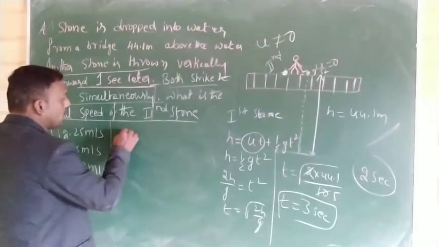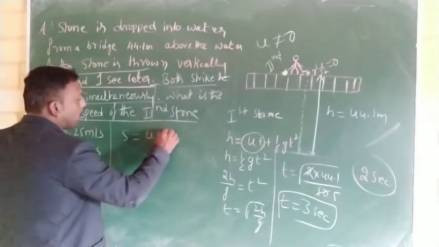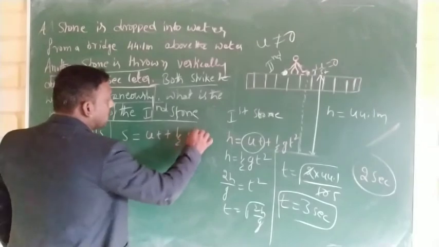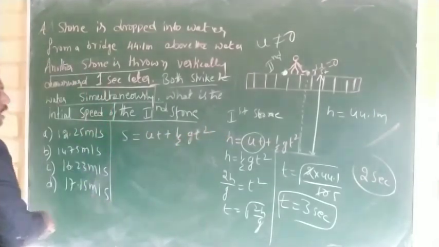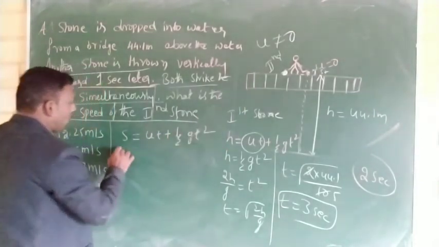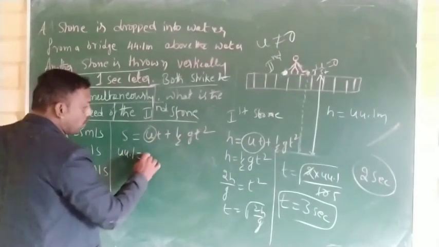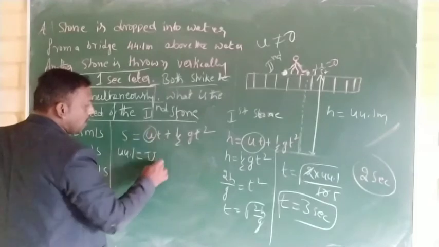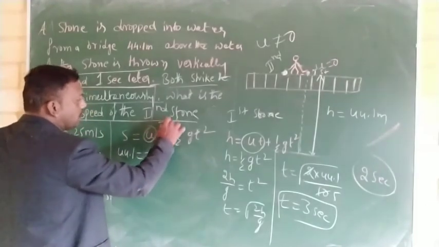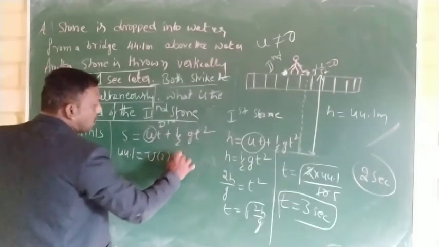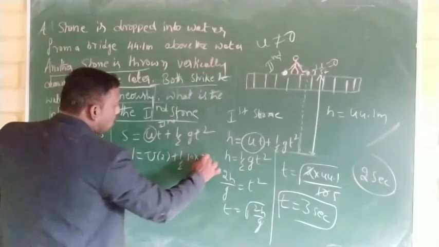We know that S is equal to ut plus half gt square. H is 44.1 is equal to u, which we don't know, into t. Time taken for the second stone is 2 seconds, plus half into 10 into 2 square.